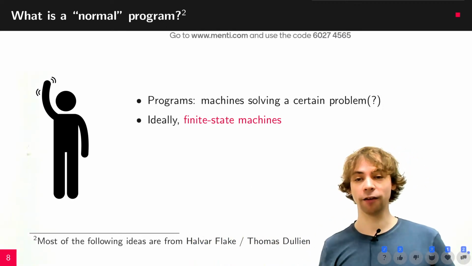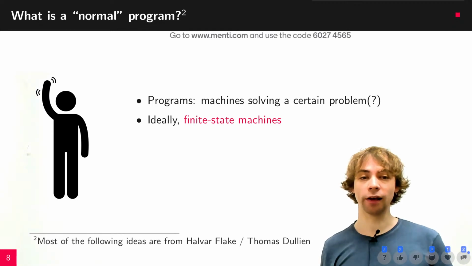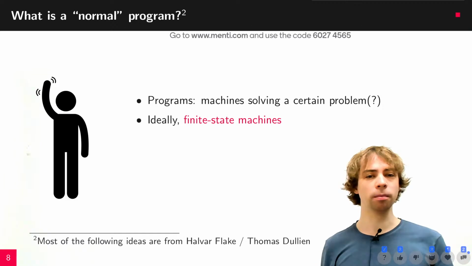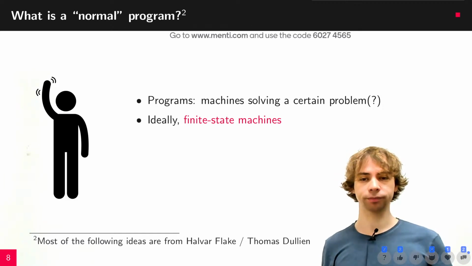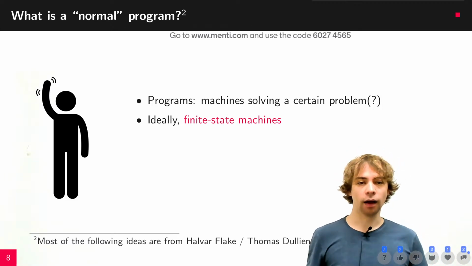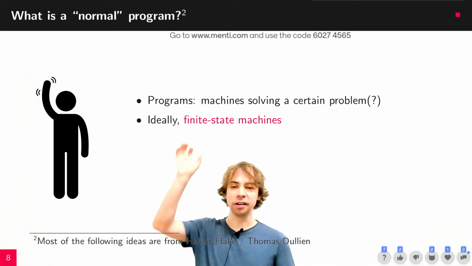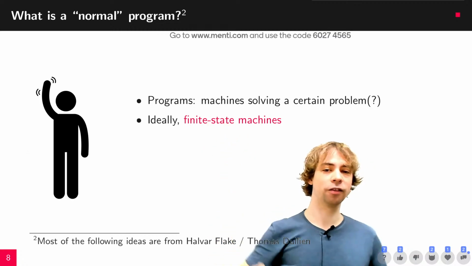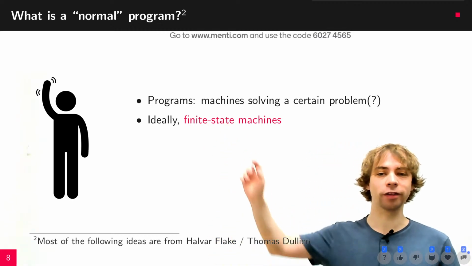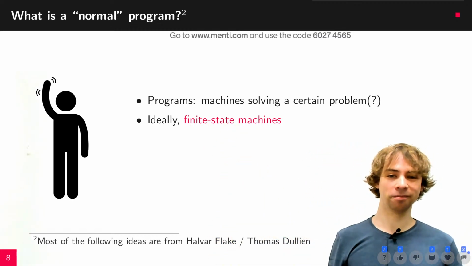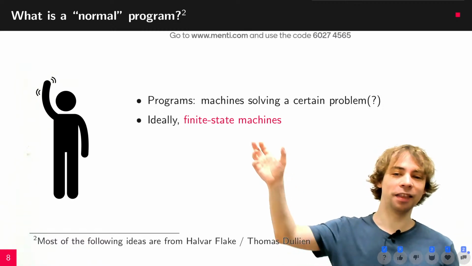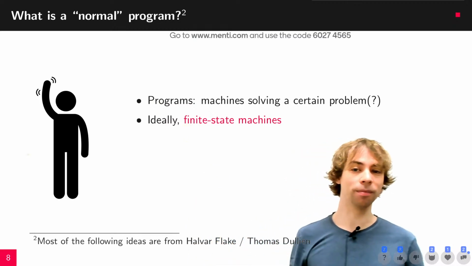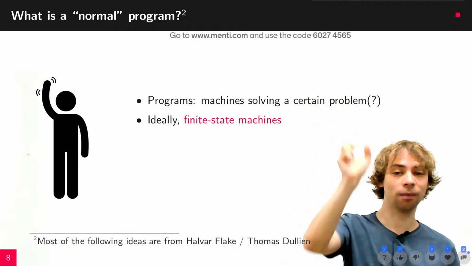You might have seen them already in some other classes, that you can draw a finite state graph of a simple program that will be fine. But we don't build machines that are exactly this. Our modern processors are not finite state machines computing exactly that program, solving exactly that problem.